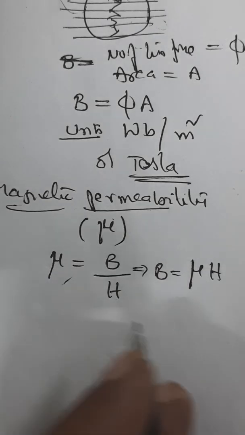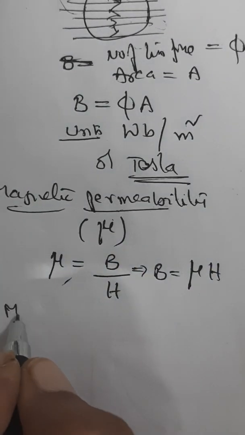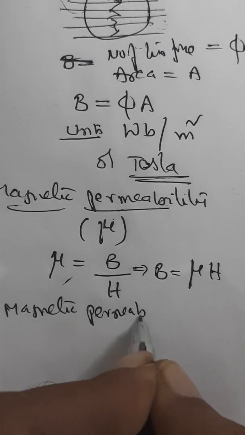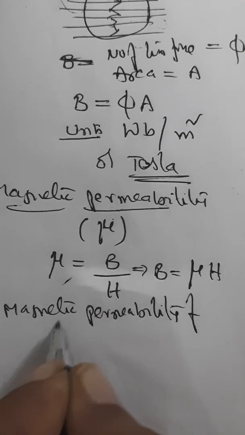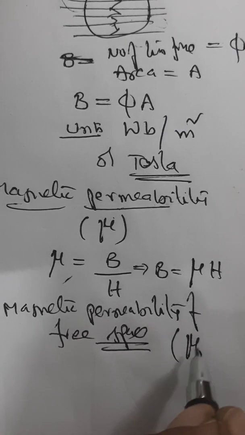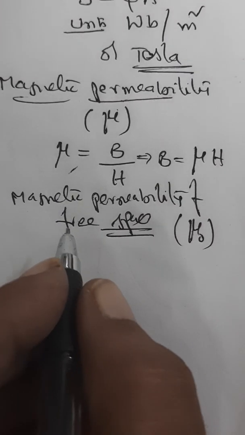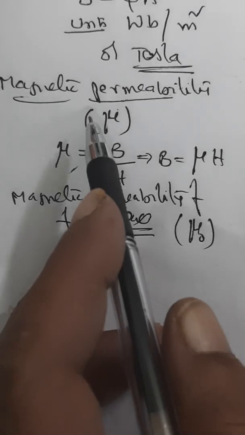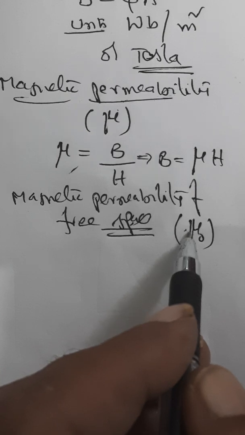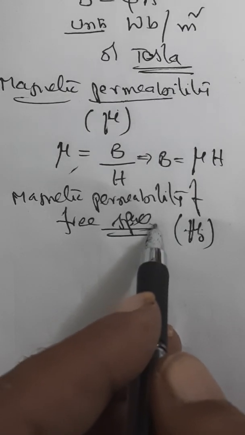This is magnetic permeability. Now, when we say permeability, naturally you will have the so-called magnetic permeability of free space, which we call mu naught. Same definition you will have. The magnetic permeability of free space is a measure of the amount of magnetic lines of force passing through the air medium.